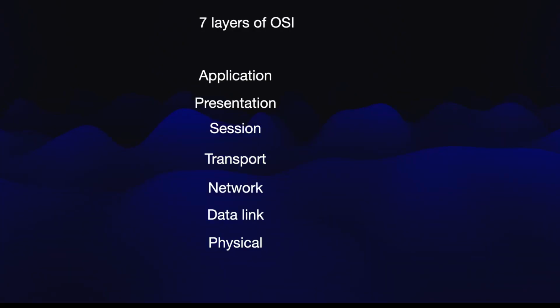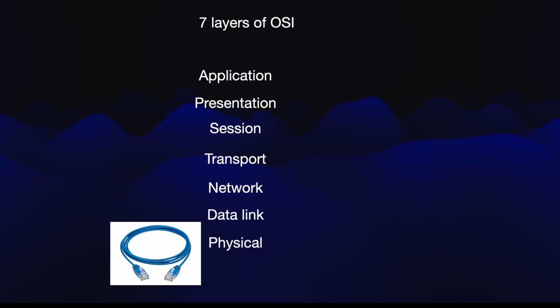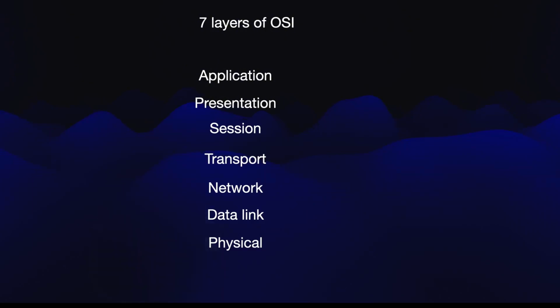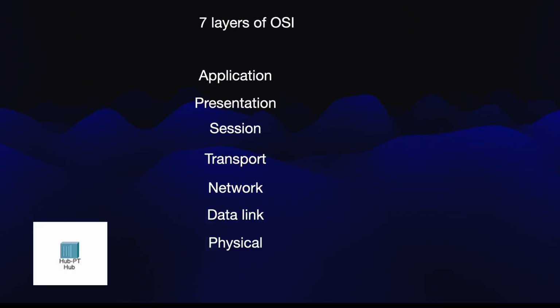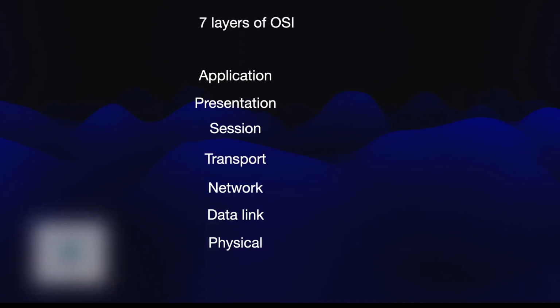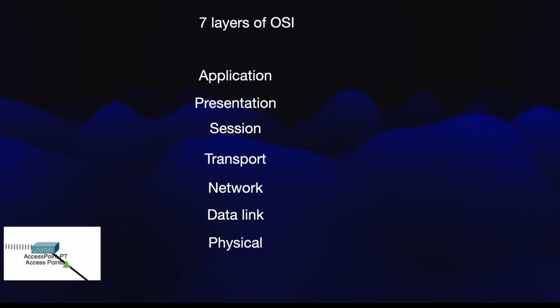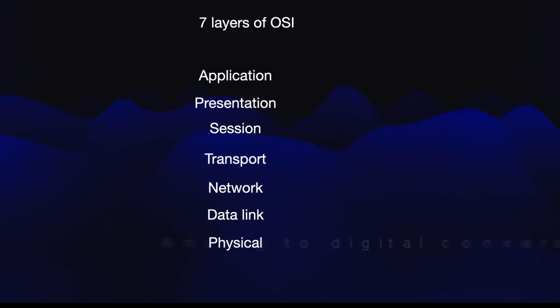Speaking about the physical medium, the devices that work in the physical medium are the cables, hubs, which are not used anymore but good to know, and wireless devices. The function of the physical medium is to convert analog to digital.